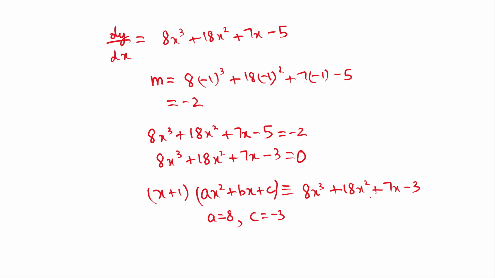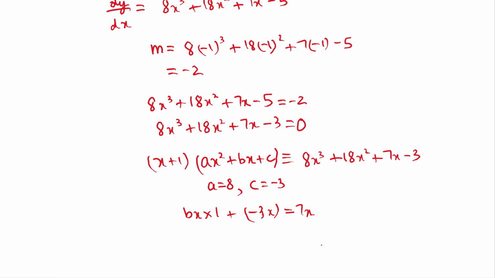Now to solve for b, how can we get an x term? We can get an x term if we multiply bx with 1. So bx times 1 will give us an x term, plus, if we multiply x with c, which is negative 3, we will also get an x term, so plus negative 3x. This will give us 7x.